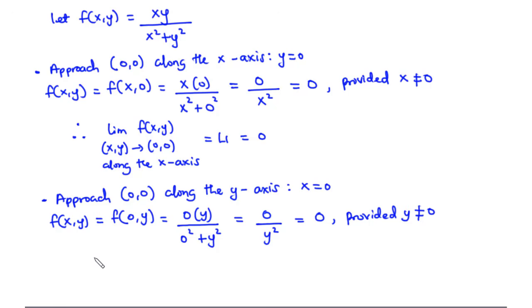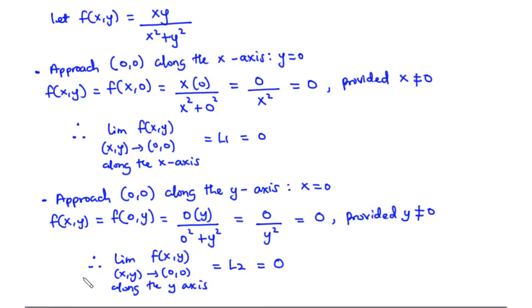So we say that the limits of the function given as x comma y approaches 0, 0, this time along the y-axis, which is equal to L2, is also equal to 0.